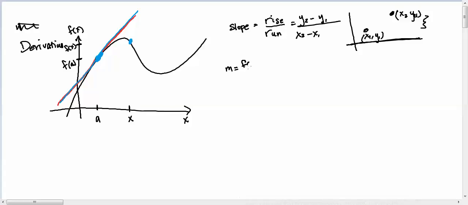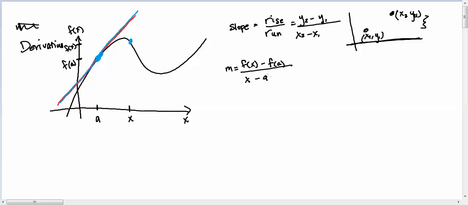Minus y1, which is f of a, good. All divided by x minus a. Exactly. Very good.